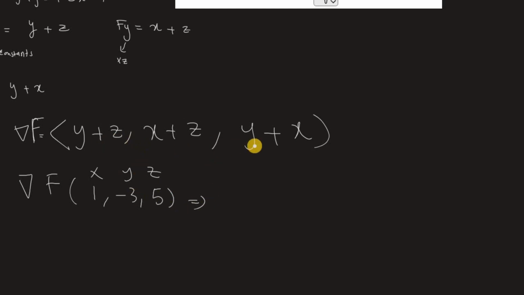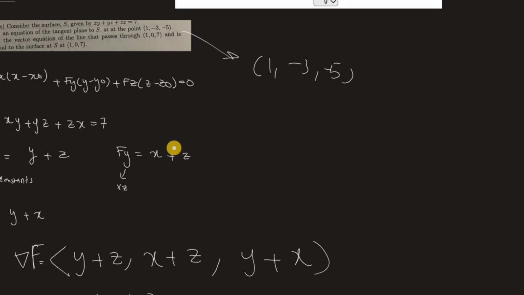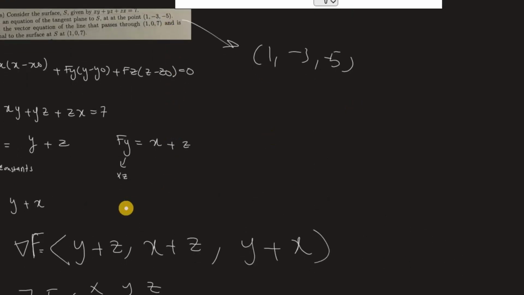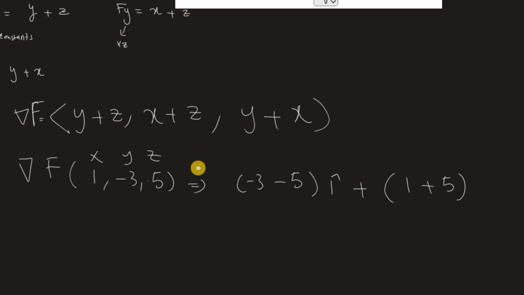this equation. So y is -3, z is -5, I hat plus x plus z. So that's 1 plus 5. Oh, sorry, it's -5 in the equation. Yeah, it's -5. So it has to be negative over here.